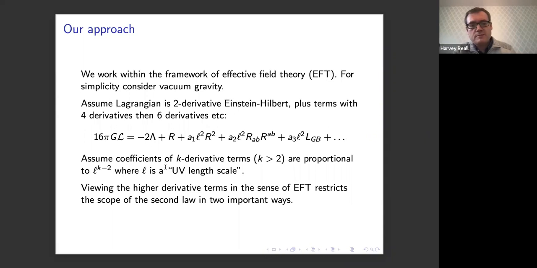And we're going to assume that the coefficients of a term with k derivatives have coupling constants which are proportional to appropriate powers of some length scale L, which we will refer to as a UV length scale. This is the usual thing in effective field theory, where this is characteristic of the scale of the physics that is integrated out to obtain this effective field theory. For example, in string theory, you get corrections like this, where L would be the string length.